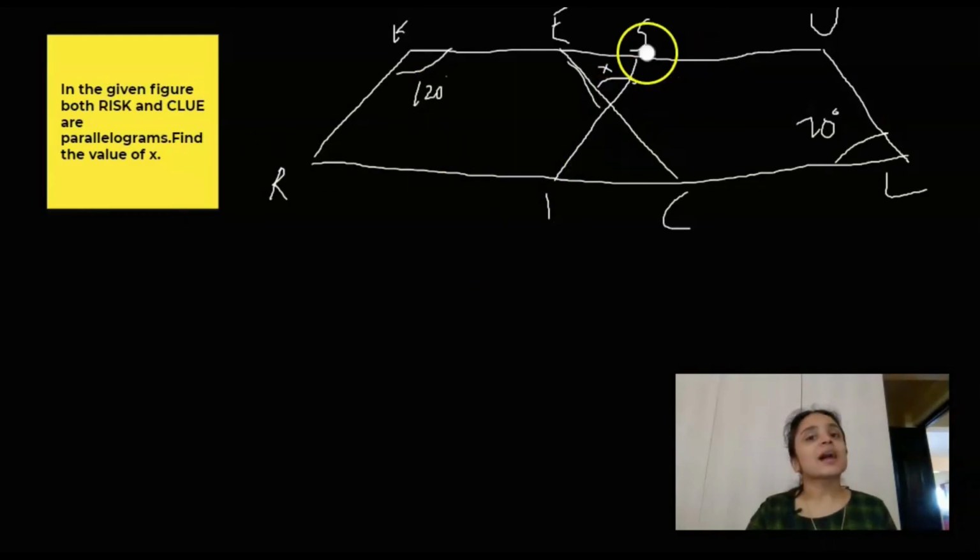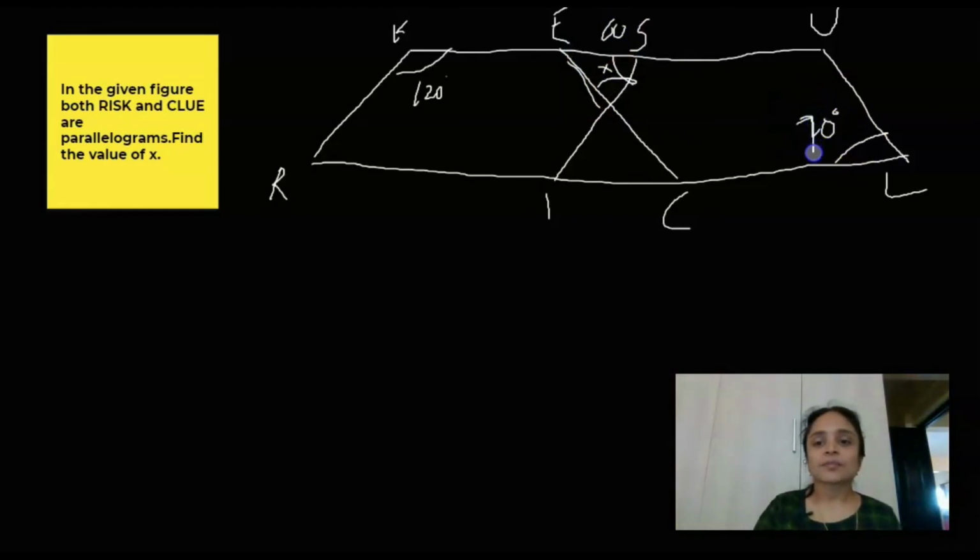We know that adjacent angles of a parallelogram have a sum equal to 180 degrees. So this angle KSI, or ISK, will be equal to 60 degrees. 180 minus 120 is 60. So this is 60, and here it is given that this is 70. Angle L is equal to 70 degrees.